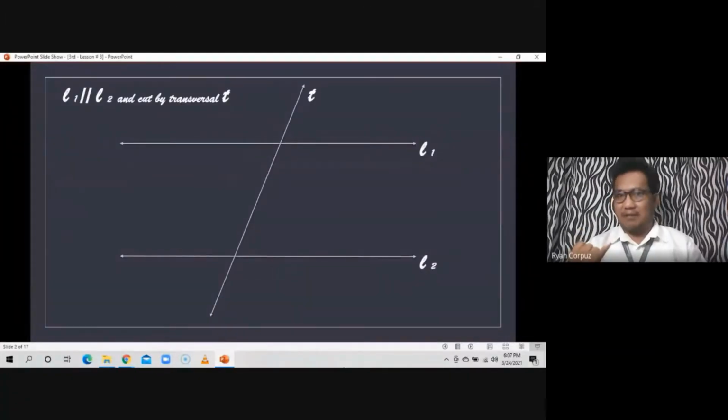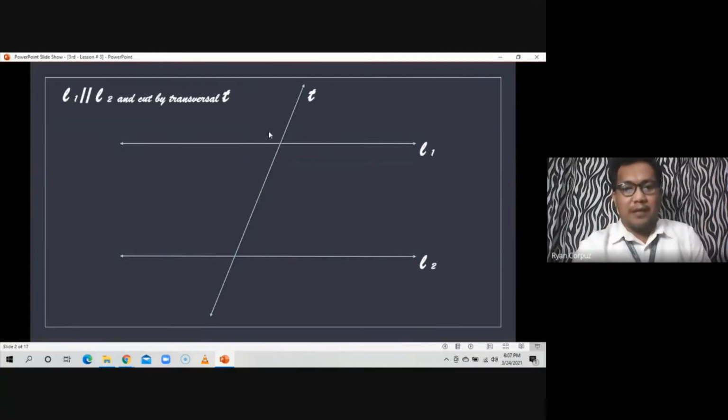there are pairs of angles. If you can still remember. So hopefully natatandaan nyo. We do have, again, number 1, we have corresponding angles. Number 2, we do have alternate interior angles. Alternate interior angles. Ano ba sinasabi natin?